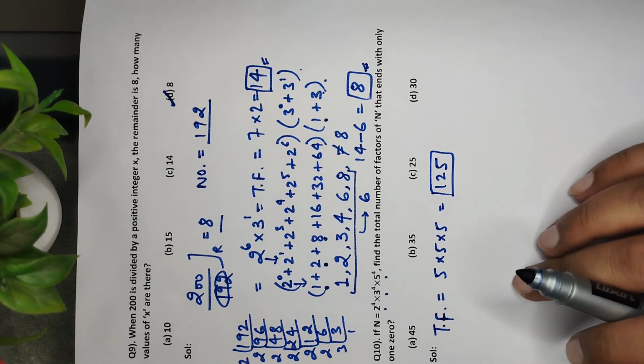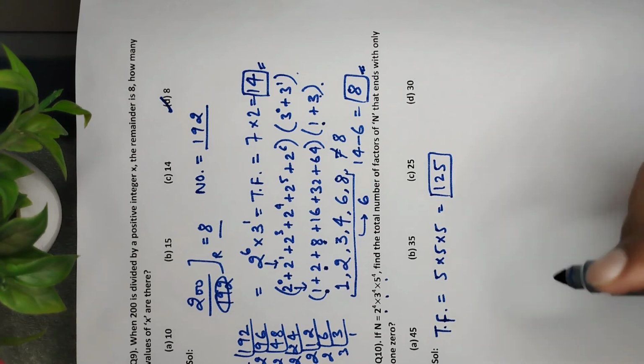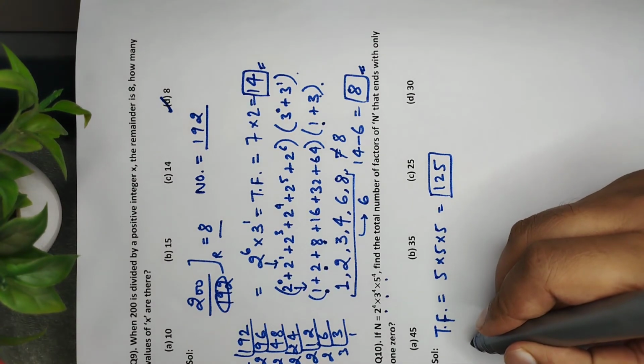But we have to find the factors that end with only 1 zero. What is the meaning of this? Let us try to understand this.